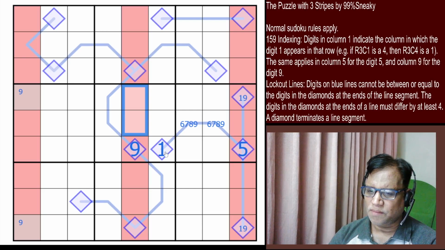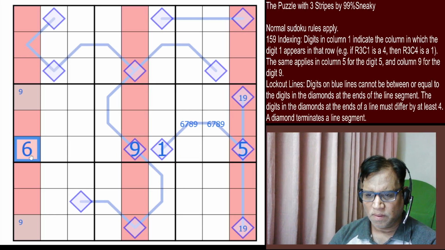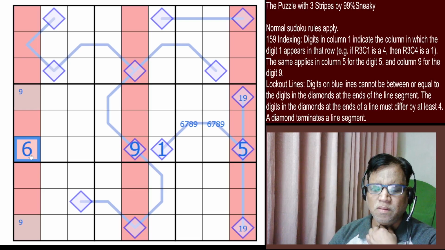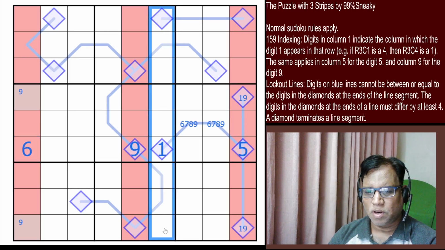Ah, 5. Oh, 1. This is 6. Does that help? I don't know. But that's 1, which means this is indexing 6, so this has to be 6. And this is in column 6, so this has to be 6.